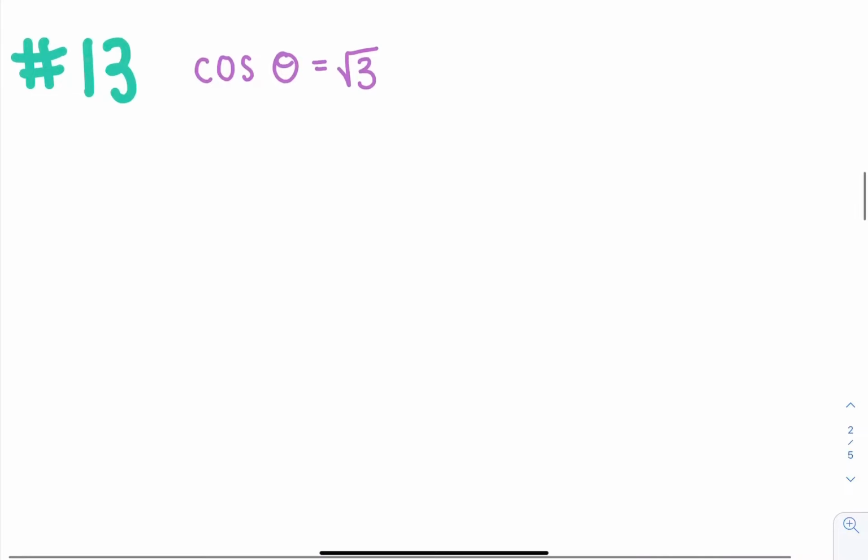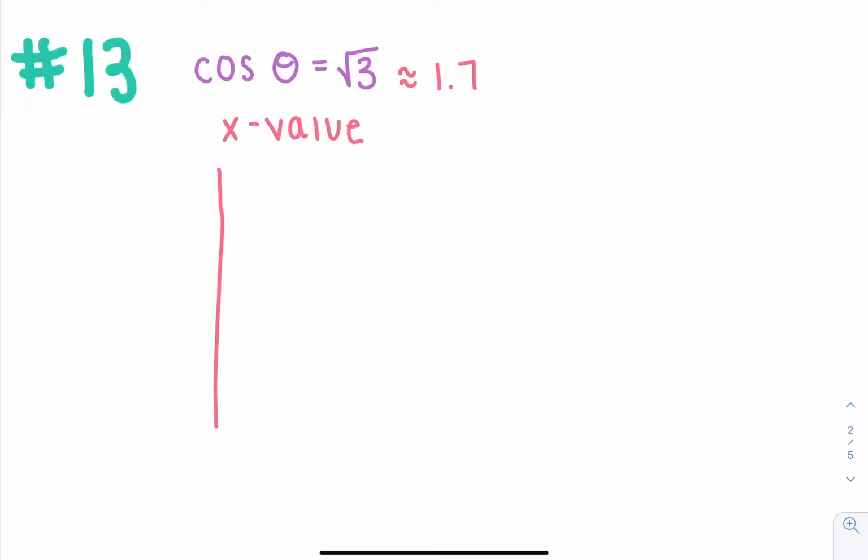The next problem I was asked for was number 13. So this is a pretty tricky one. But think about how cosine is the x value. The square root of 3 is about maybe 1.7. Let's look at our unit circle.